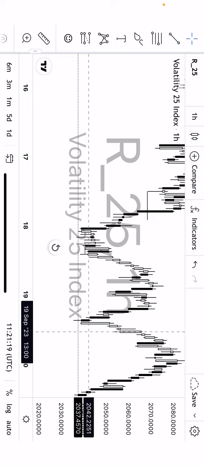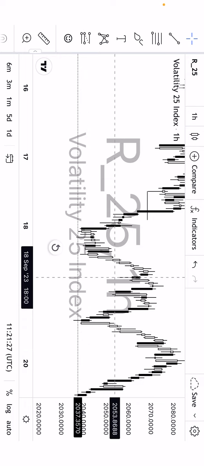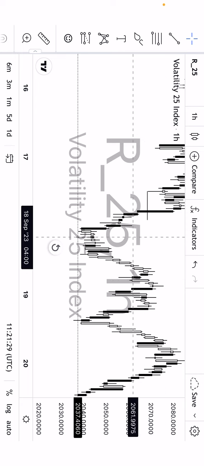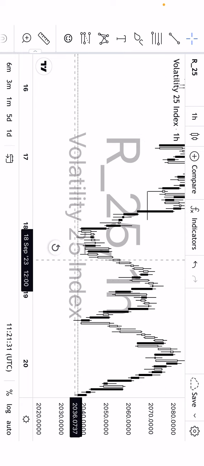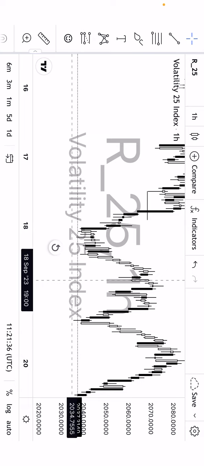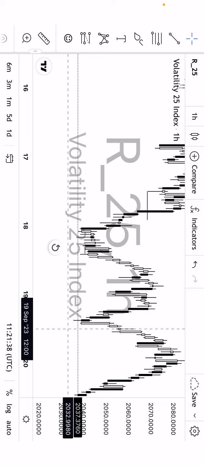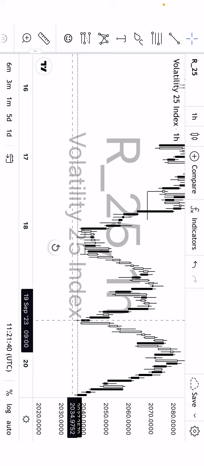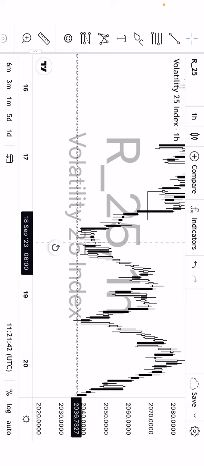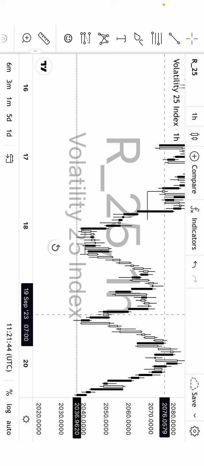Sometimes, not most times, the market uses a fair value gap for a continuation. But in this case, after we broke this low, it did not give a valid break. This is more like a liquidity grab of this low. That is the reason the market took this high again.